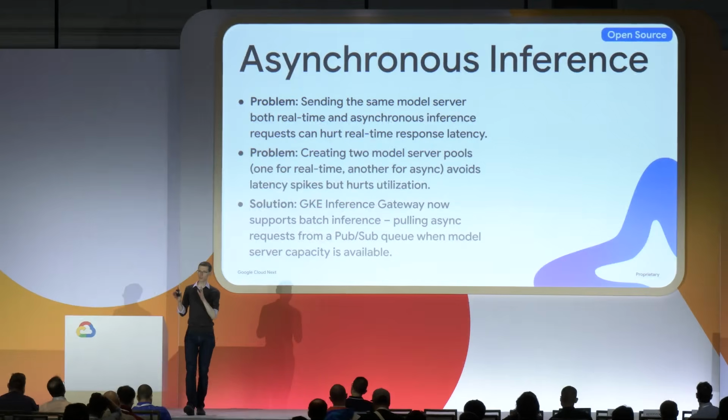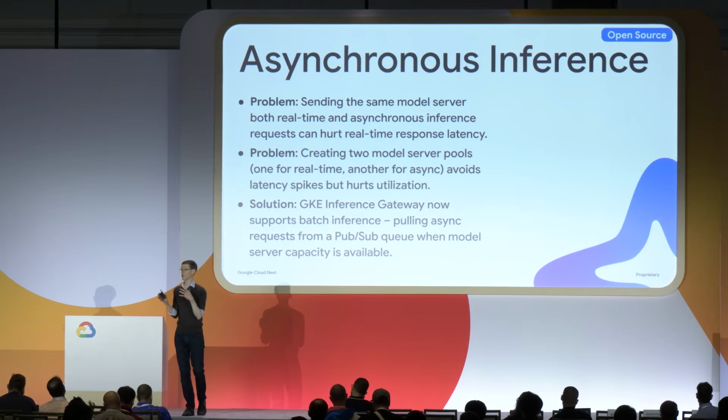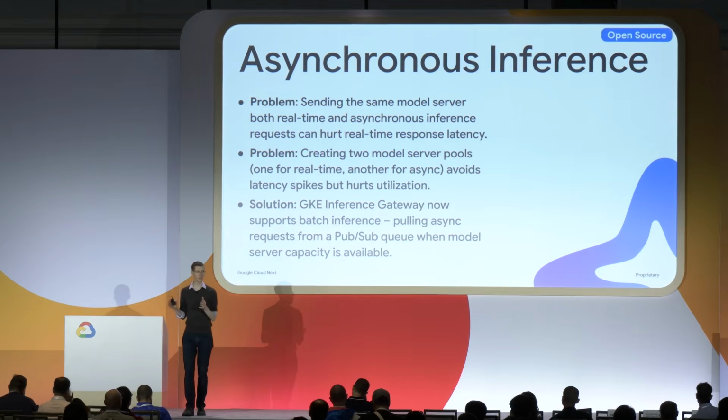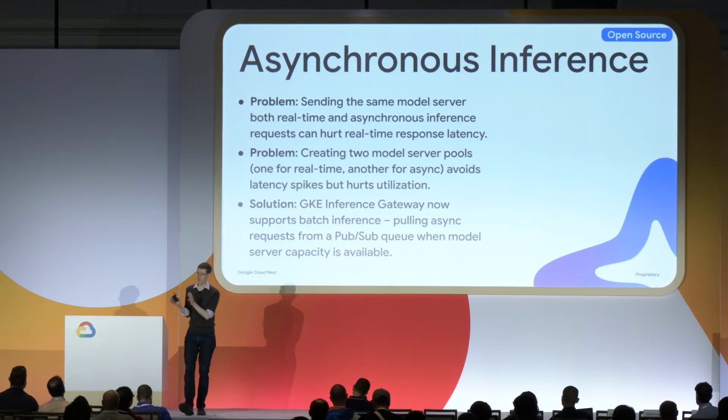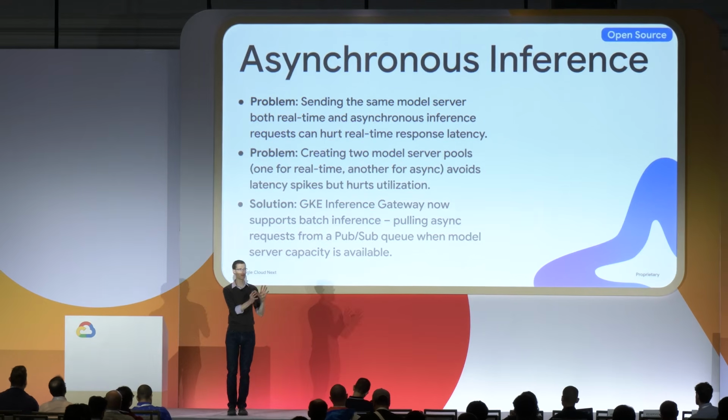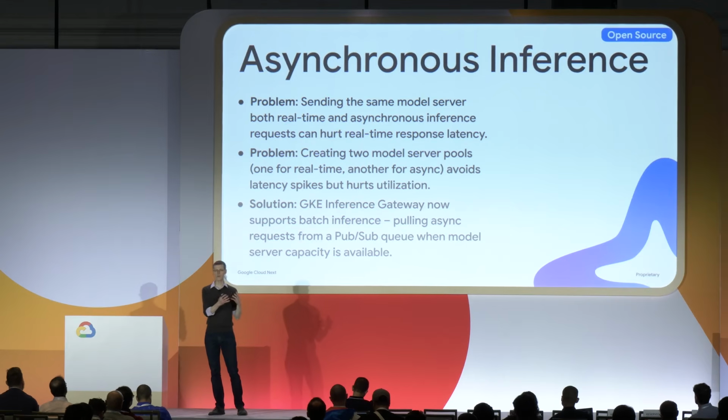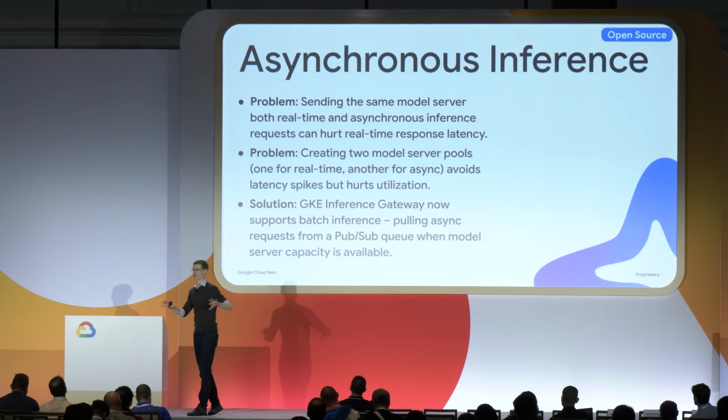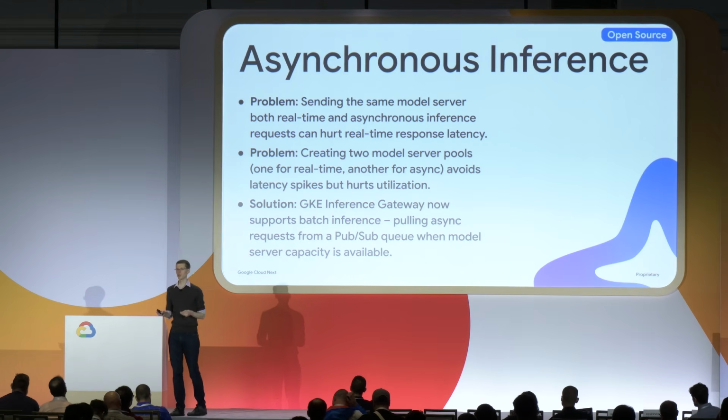Well, if you want to make sure that you're dedicating capacity for your real-time serving workloads so that way they're never running out of capacity, you'll have a dedicated pool. You'll then have a separate pool that is just the batch, RL, eval, async use case. Having 2 separate pools like that can lead to very inefficient use of your underlying compute.